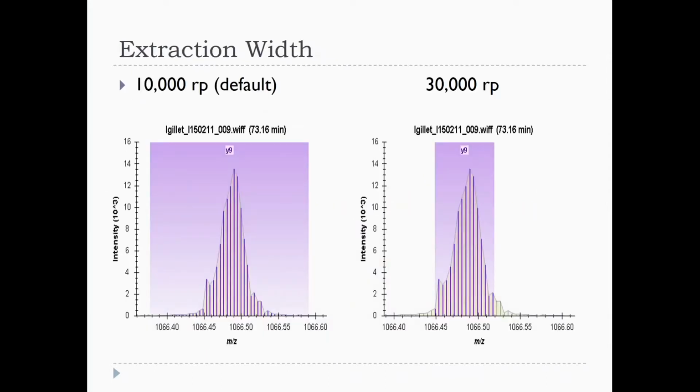So I went back and started clicking on points, and this is what I saw. This is a peak, and this is the extraction window. Who thinks that's a good extraction window? It's too large, three times too large. I looked at it and saw you're using 10,000 resolving power, which was the default.